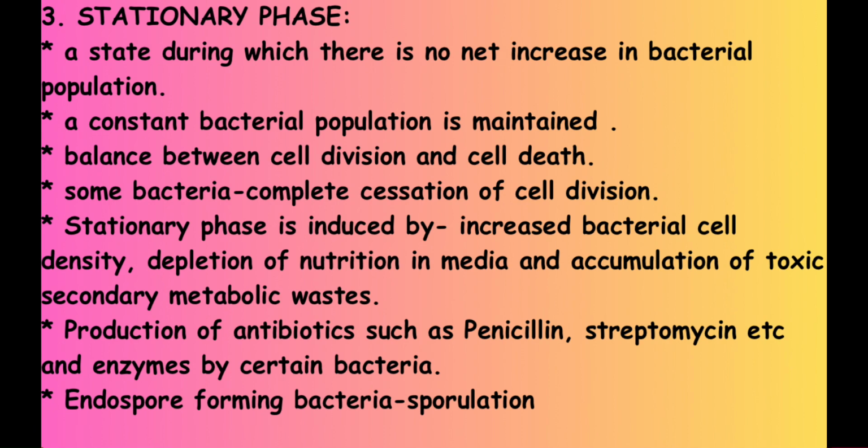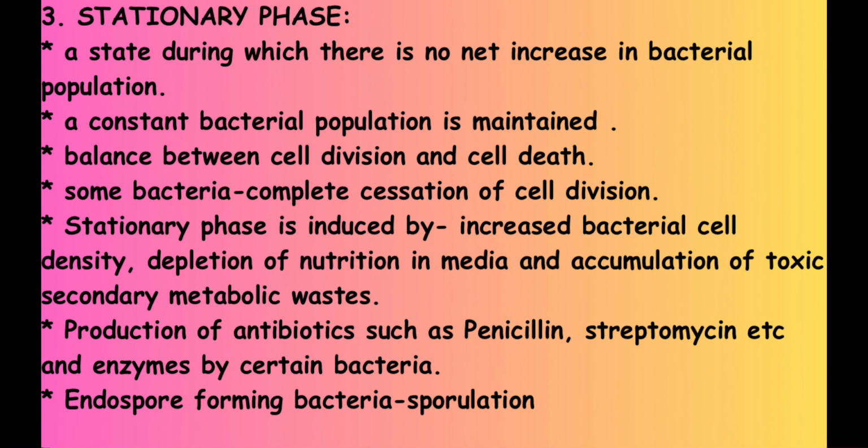And in case of some bacteria, complete cessation of cell division will occur. The growth will completely stop. So there is no net increase or decrease in the number of bacteria. And why does stationary phase occur? It occurs when the nutrients are depleted in the medium, or when toxic secondary metabolic waste accumulates, or due to increased bacterial cell density.